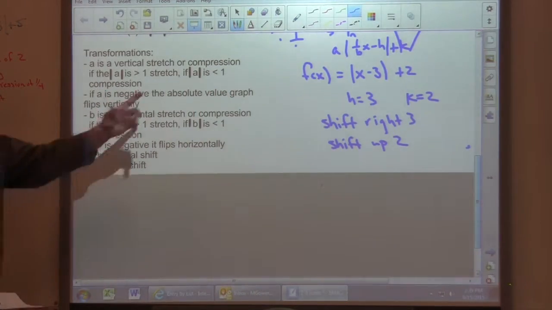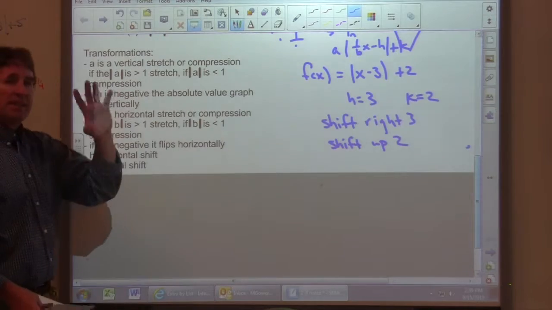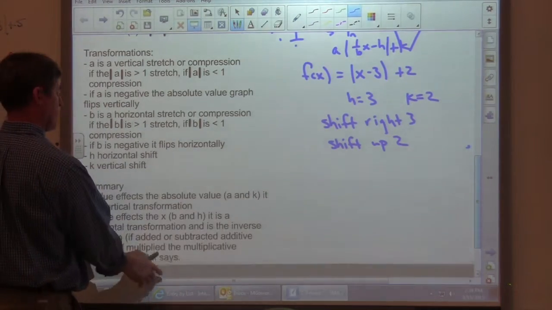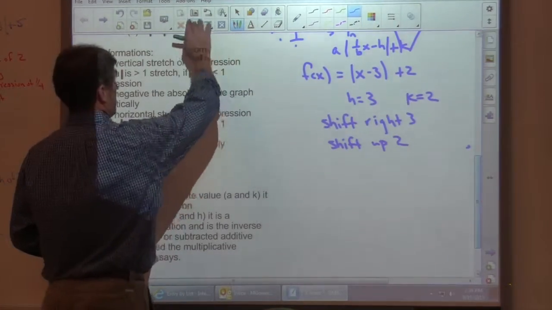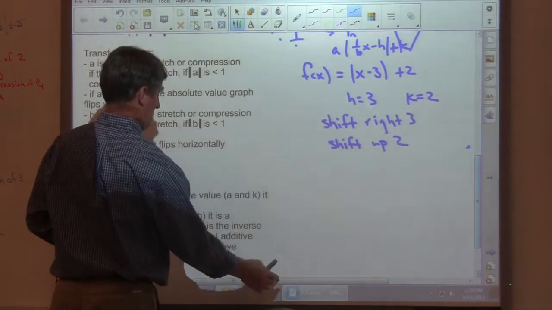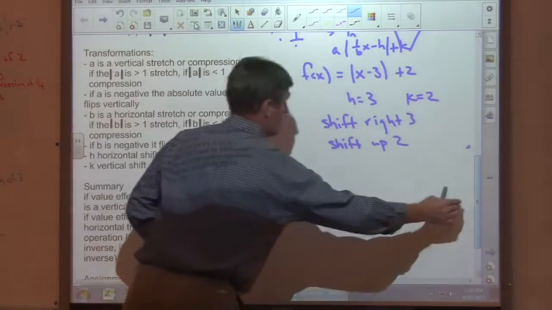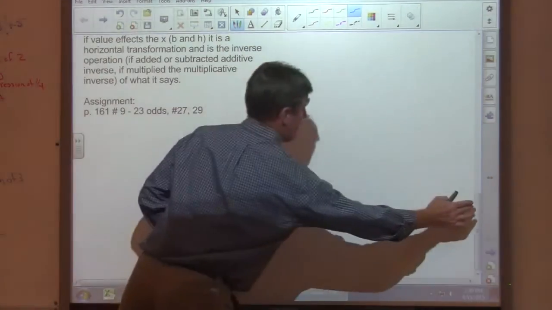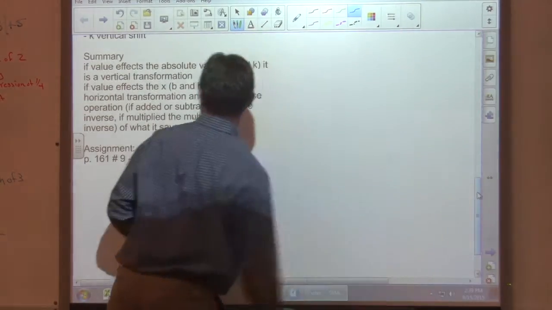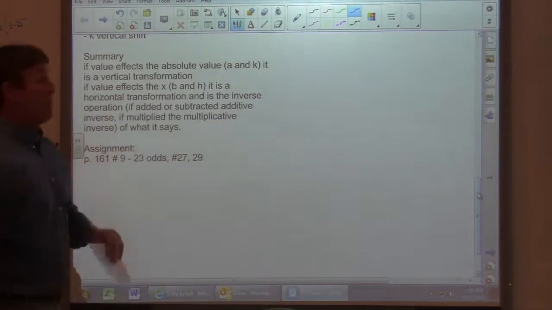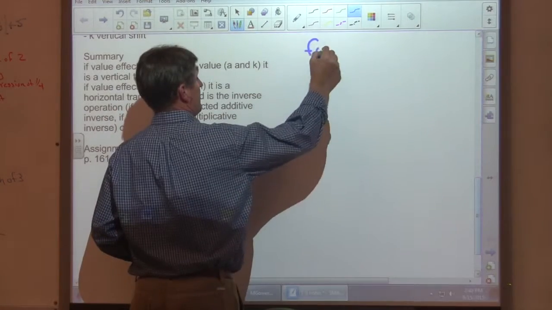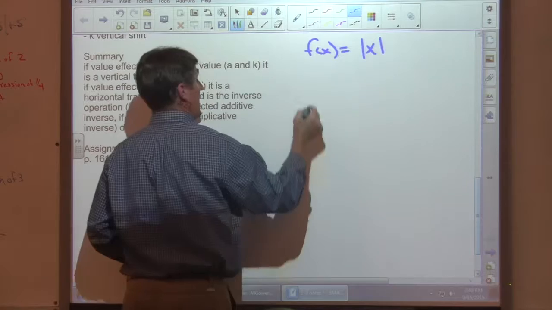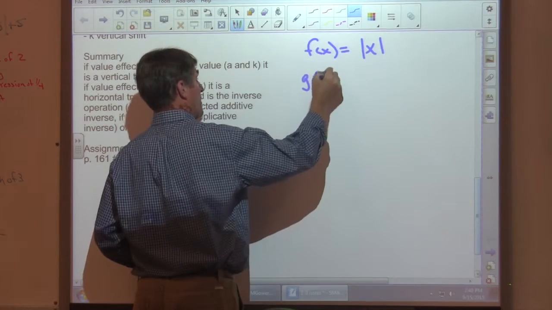All right? So there's a lot of things to do here, but to summarize this and hopefully to make it really clear, so again, we've got our parent function, f of x equals the absolute value of x. And we've got this transformation we're going to do.